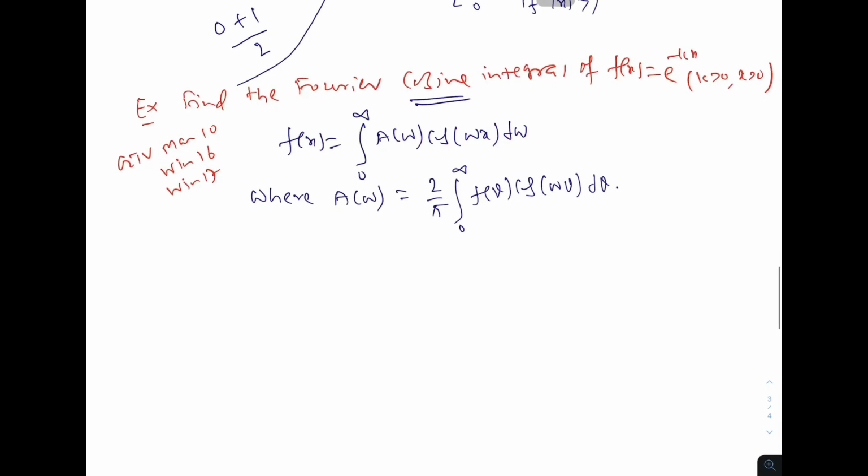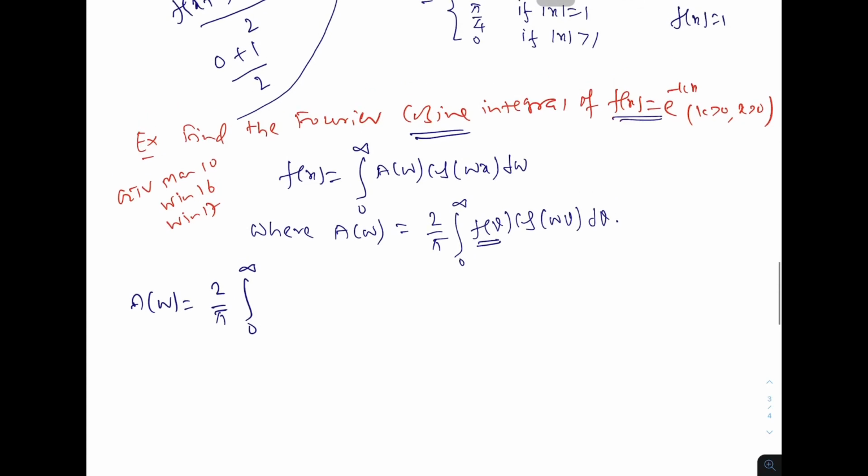So this we can find. A(omega) equals 2 by pi, 0 to infinity, with f(v) here being e^(-kv), times cos(omega v) dv.